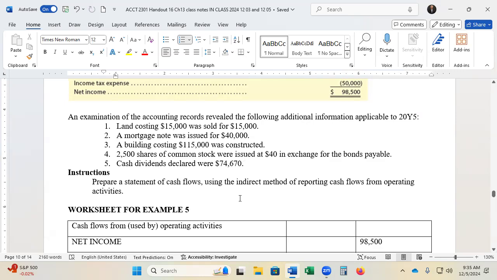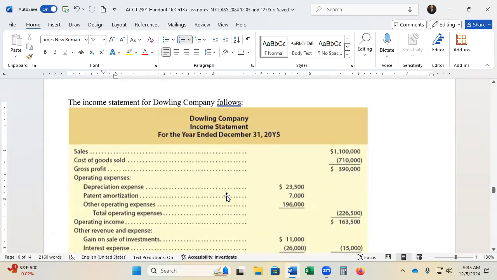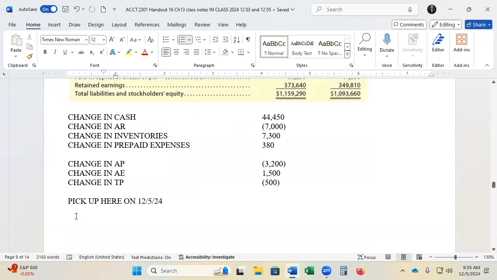So we're looking for depreciation expense, and so we're going to measure the changes between the two accounts. So we have the change in accumulated depreciation.